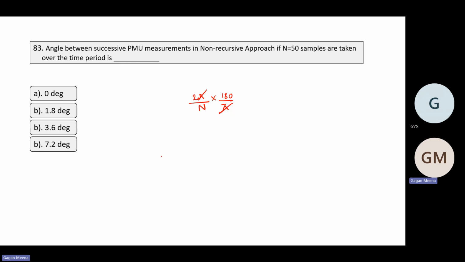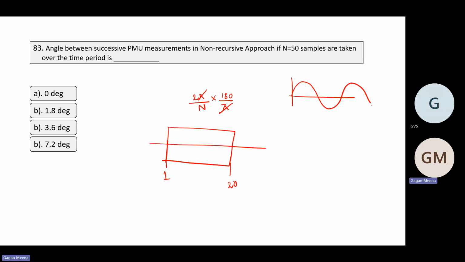In recursive, the angle is the same, because what we are doing here is taking windows. Let's say this is sample number 1, and one window comprises one cycle. In one cycle, how many points are we considering? Let's say 20 points, so n is equal to 20 for this window.